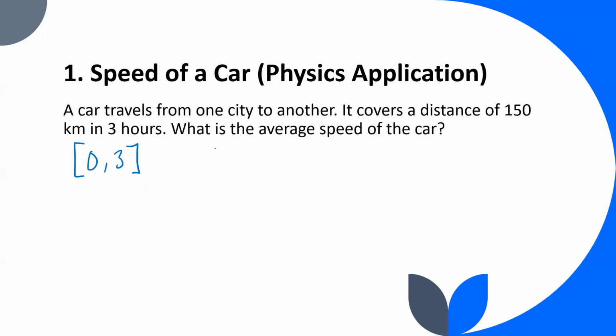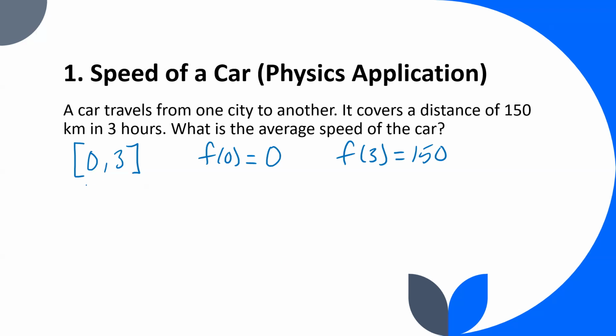So I would need to know what is the f of 0. Well, the f of 0 is, if I'm not driving anywhere, how far have I gone? 0 kilometers. And then your f of 3 is going to be after 3 hours, how far have I gone? 150, right? So I've gone 150 after 3 hours.